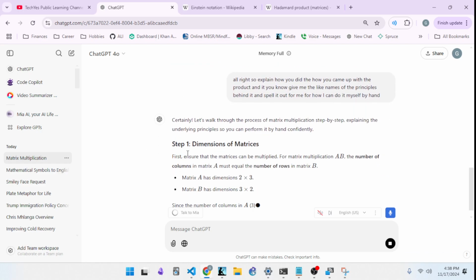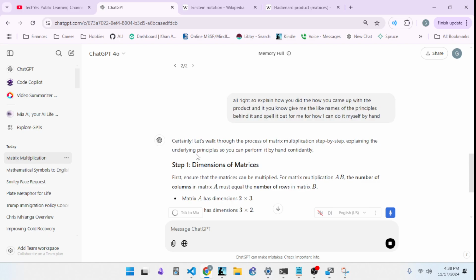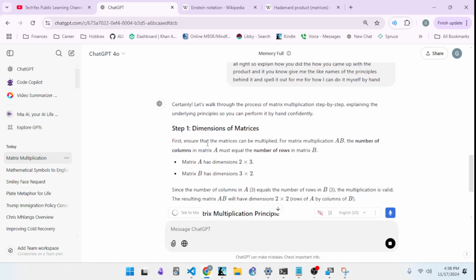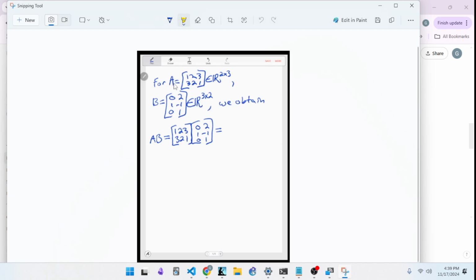Alright. So the dimensions: first we ensure that they can be multiplied. In order for them to be able to be multiplied, the number of columns in A must equal the number of rows in B. So let's check that in my drawing.